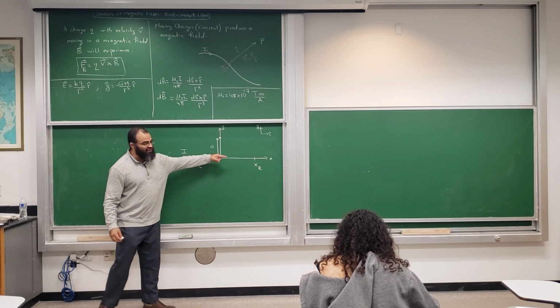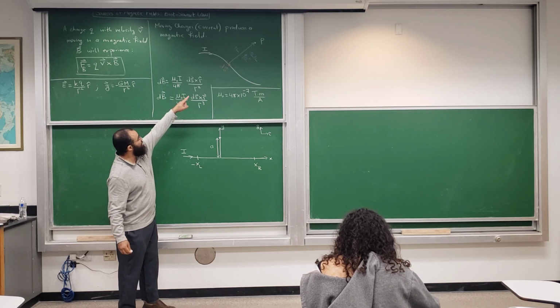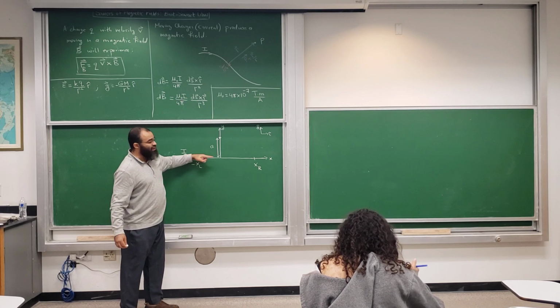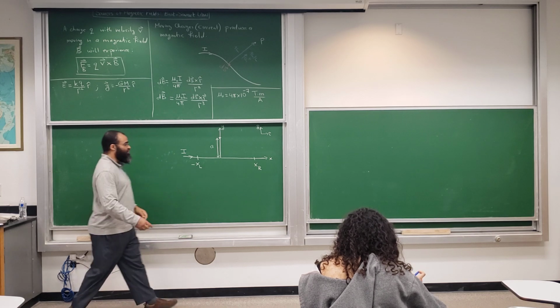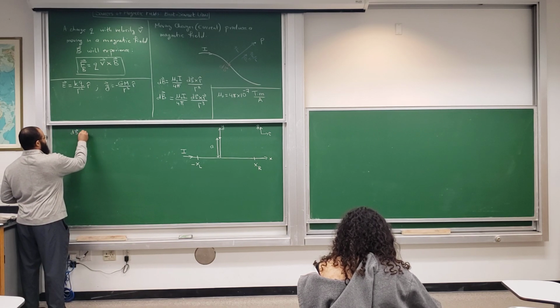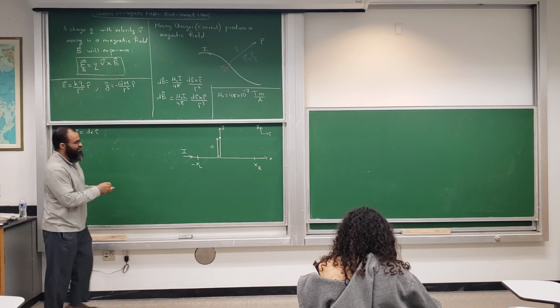Notice the current is along the x-axis. So ds, which I'm going to plug into this equation, is simply equal to dx in the i hat direction. Here is ds.